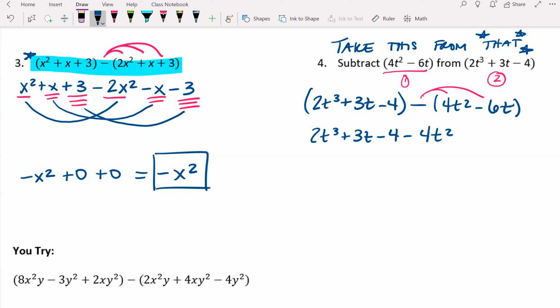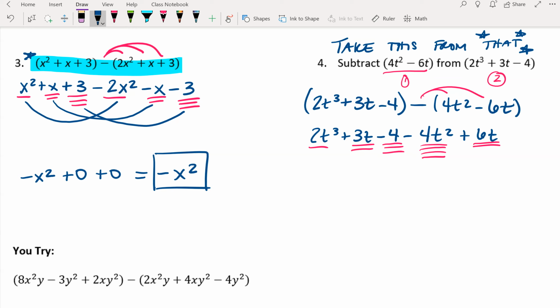Remember, when you distribute the sign in, it flips, so we have plus 6t. Okay, and then we do our normal underline. So t cubed, t, negative 4t squared. Wow, there's not a lot of common terms here. And then 6t, that was a common one with the 3.